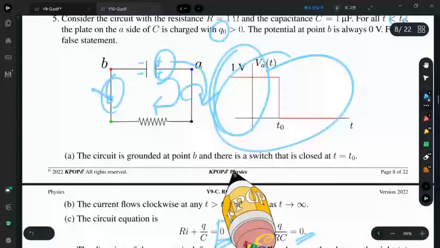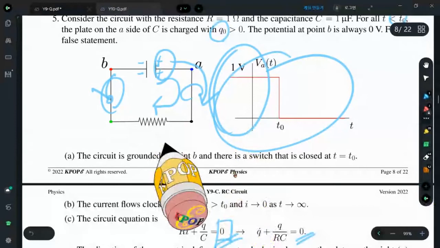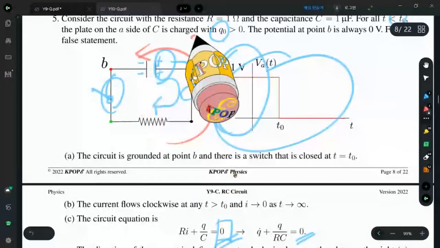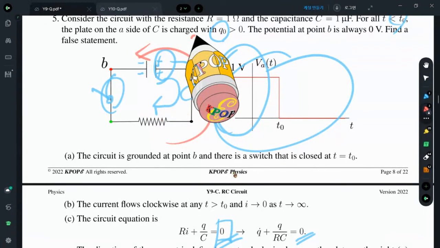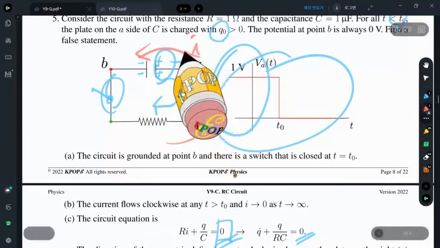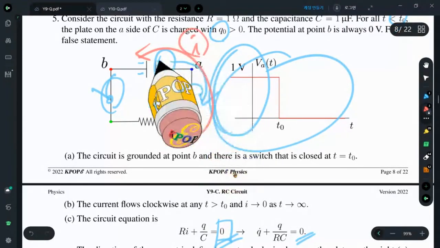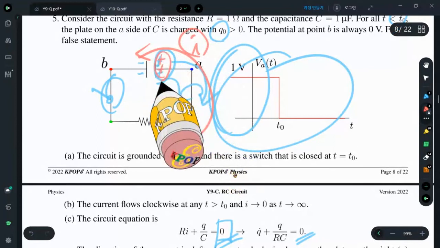Why? We used to define the direction of current as counterclockwise in the previous case, because when I flows in, Q increases. This process is a Q decreasing process, a discharging process.